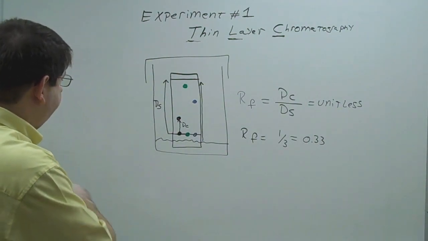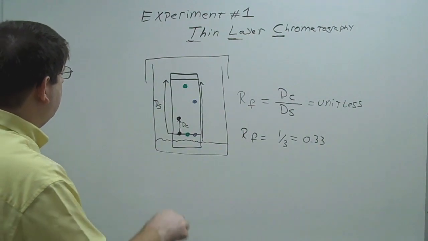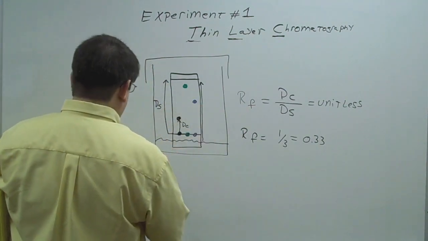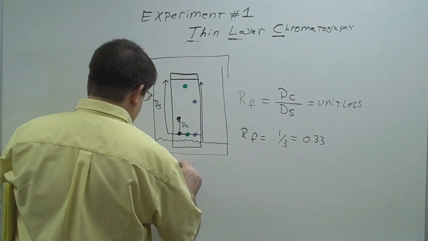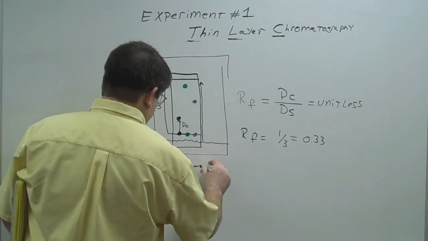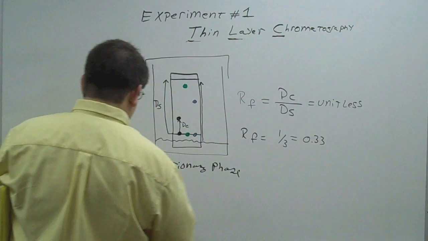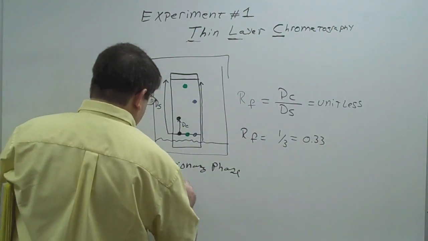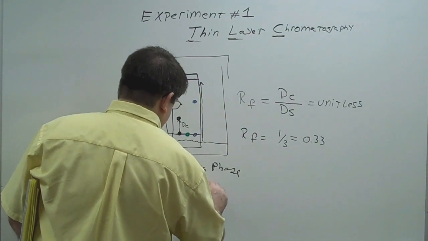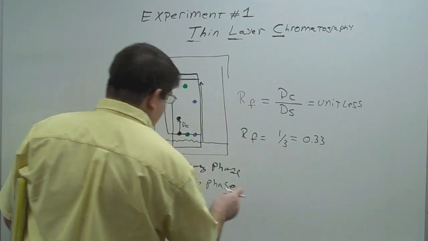So, how does it work? This works because the silica gel substrate is polar. And our organic solvent is a, relatively speaking, nonpolar mobile phase. So we have these two phases.